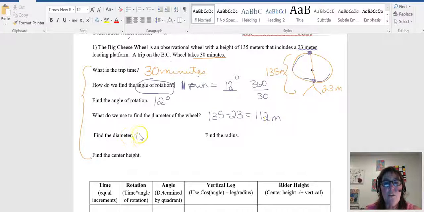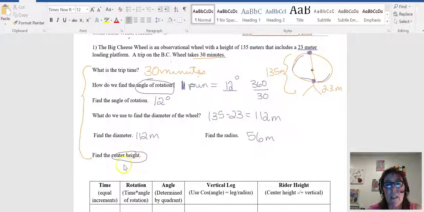Now remember, a diameter is twice the radius, so in order to find the radius, I simply take that value and divide it by 2, meaning that I have a radius of 56 meters.